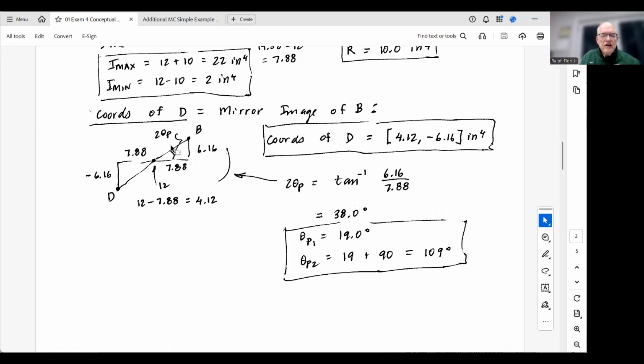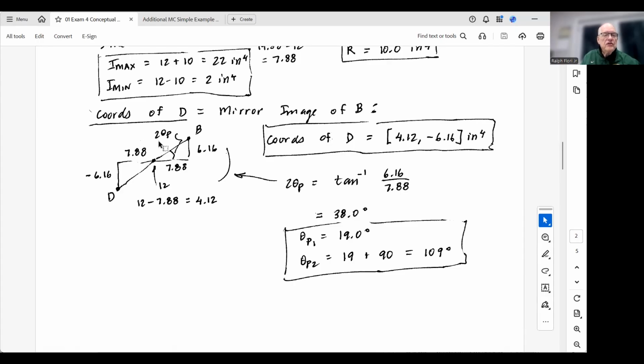If this is 38 on the Mohr circle, then it might ask you for the angle. This is the angle to the maximum, or to the major principal axis. This angle here is to the minor principal axis, or to I min. And if this one is 38, then this one is 180 minus 38, which is 142.